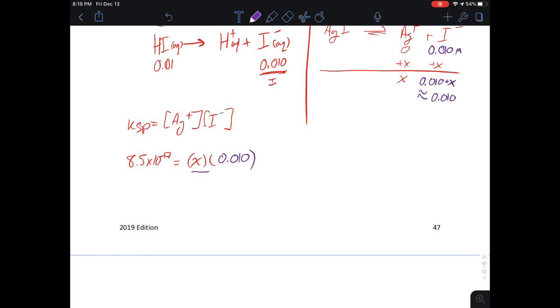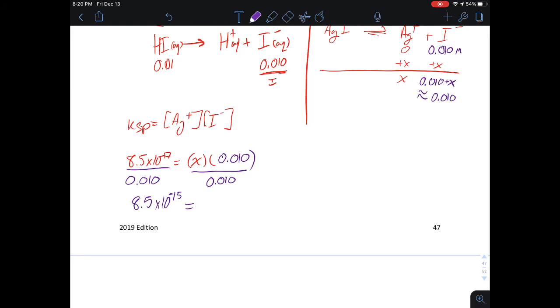Okay, so we're simply going to be dividing by 0.010, and in this case, this is the same as 1 times 10 to the negative 2. If you divide exponents, you actually subtract them. So negative 17 minus negative 2 is going to be the same as adding plus 2 to negative 17. So my end result is 8.5 times 10 to the negative 15.